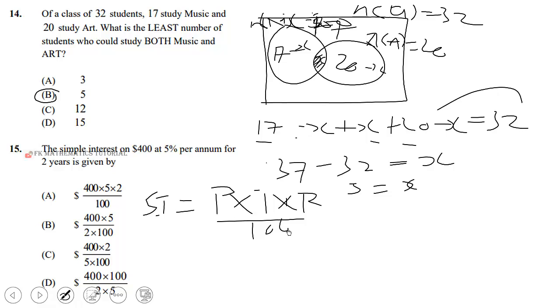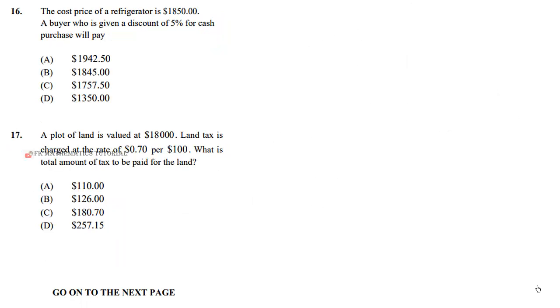So 400 times 2 times 5 over 100, which is option A.